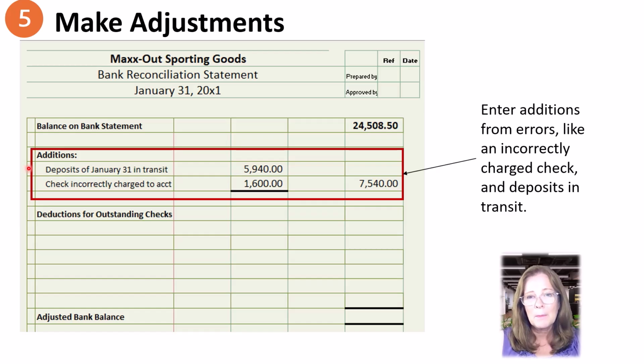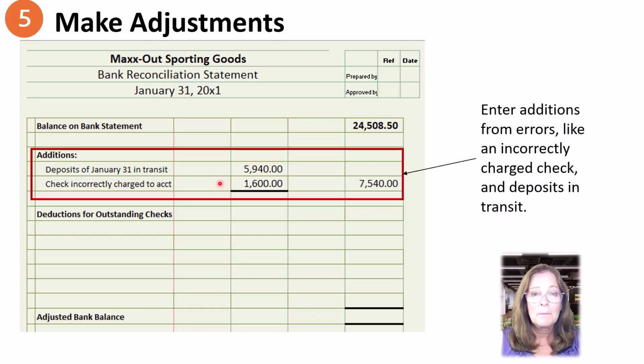We know that Max Out recorded a deposit of $5,940, but the bank had not yet processed it by the statement date. Because we expect the bank to record this deposit shortly, we add it to the bank statement balance. We also add the $1,600 bank error that we identified earlier.